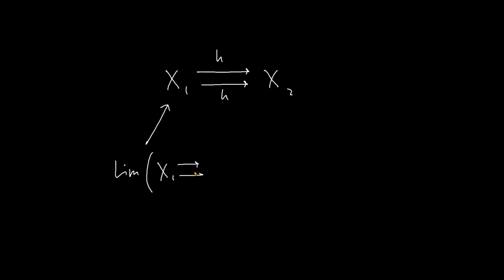So if now I had a diagram with H1 and H2 being the same function, so I will just call them H, then the limit of such a diagram, so I'm just going to literally use this notation, will be the set of those x's in X1 such that, okay, sorry, I confused myself here. That's not the example I wanted to discuss.